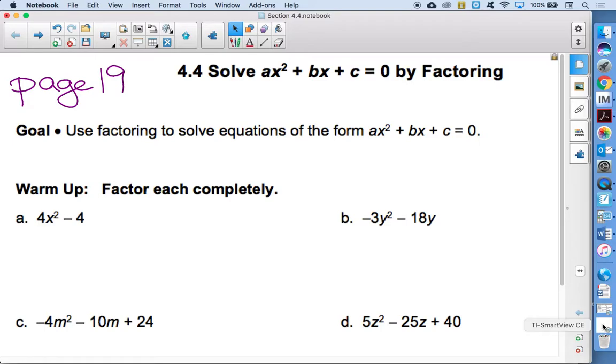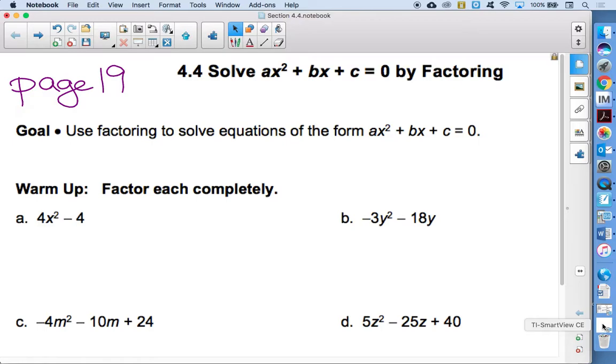Isn't it you just divide by 4 for everything?